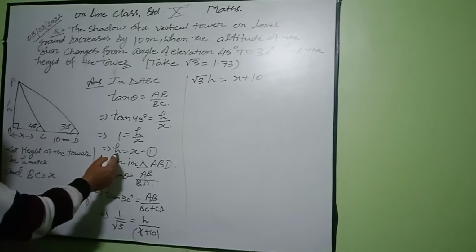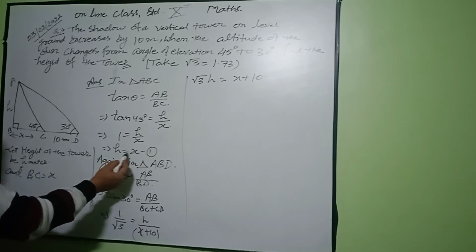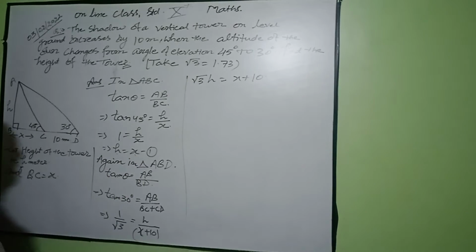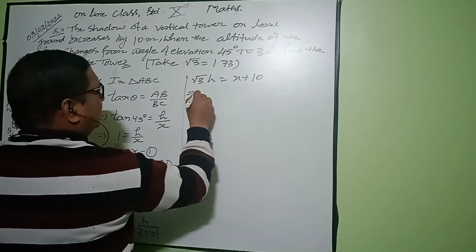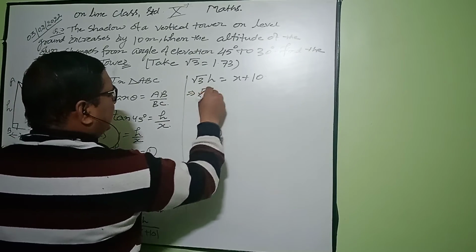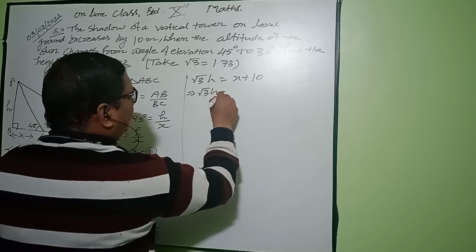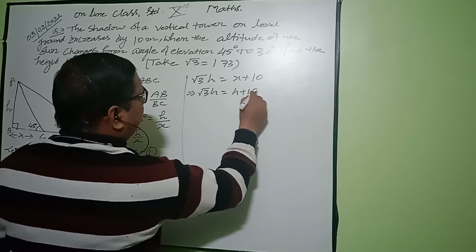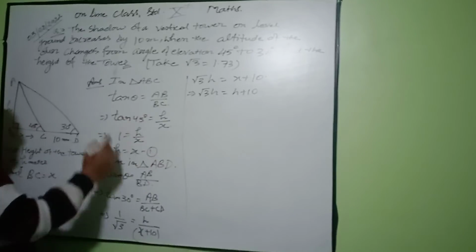And from equation first, h equal to x, or x equal to h. So we have to find the value of h. So root 3 h equal to h plus 10.